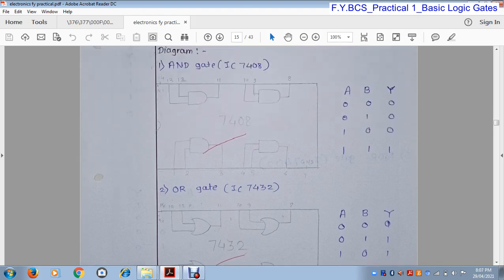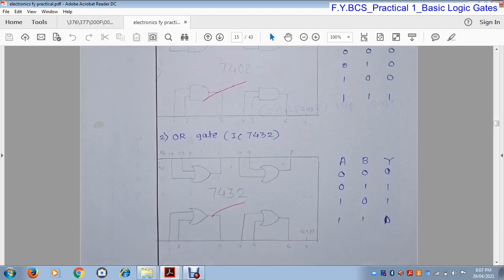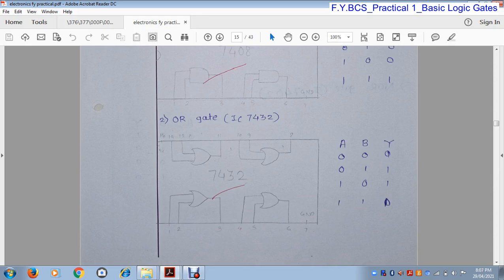Just like 7408, 7432 also contains 4 OR gates: OR gate 1, OR gate 2, OR gate 3 and OR gate 4. Pin number 1 and pin number 2 are the inputs of the first OR gate and pin 3 is the output of the first OR gate. Pin number 4 and pin number 5 are the inputs of the second OR gate and pin number 6 is the output of the second OR gate, and pin number 7 is ground.